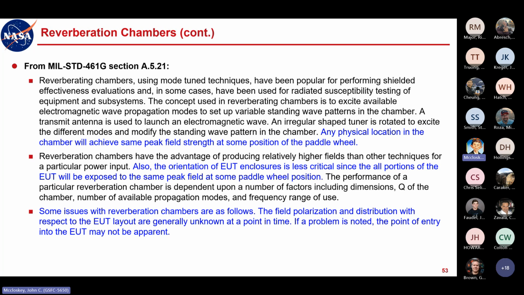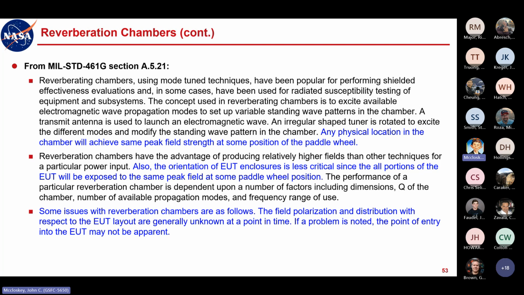The orientation of EUT enclosures is less critical since all portions of the EUT will be exposed to the same peak field at some paddle wheel position. So those are the selling points of reverb chambers: the specific location of the EUT is not critical. It's basically going to get the same level wherever you put it in the chamber.